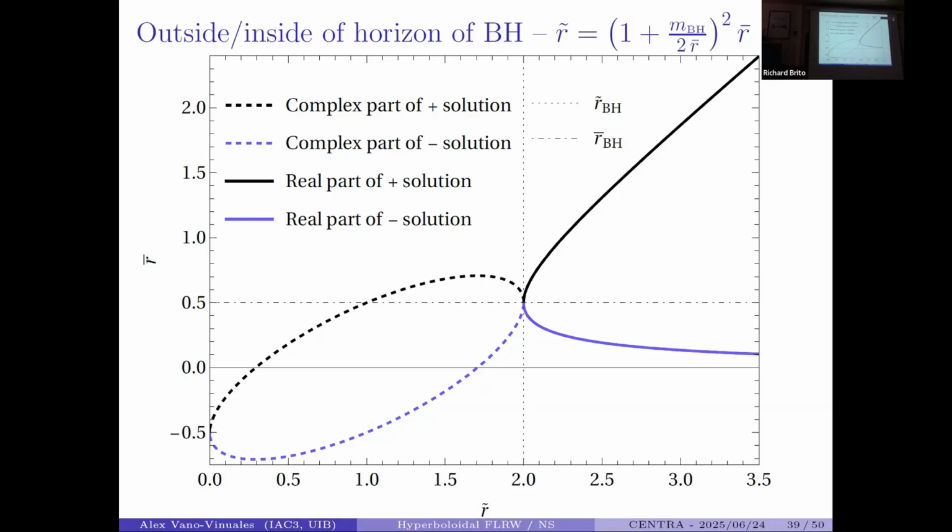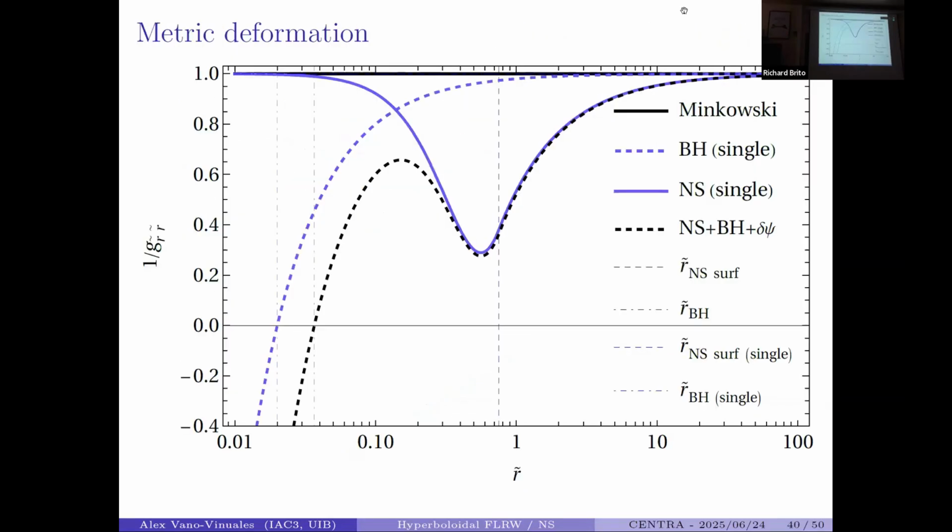So, to say it in brief, what I did was an equivalent version of this solution for the numerical construction of a neutron star plus black hole in the center, to be able to go back and obtain the RR component of the metric that was suitable for the hyperboloidal. And here I'm showing 1 over g_RR, close up, 1 for Minkowski. If you just consider the neutron star, it asymptotes to 1. This is in log scale.